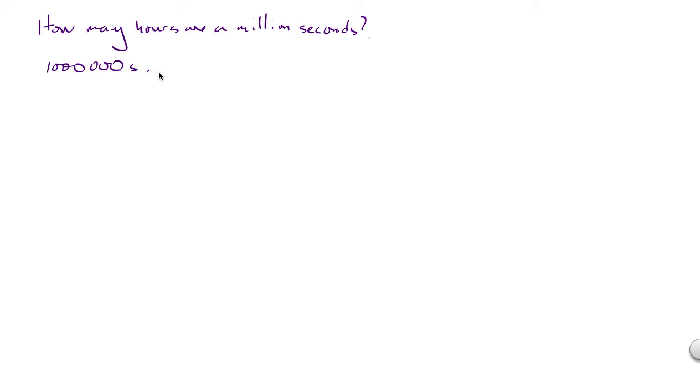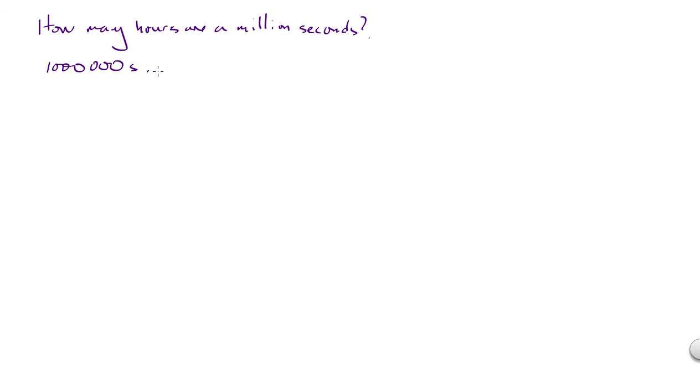So a fun question to ask is, how many hours are a million seconds? Here's a million seconds. Now, if you know how to convert seconds directly to hours, then you're good to go.